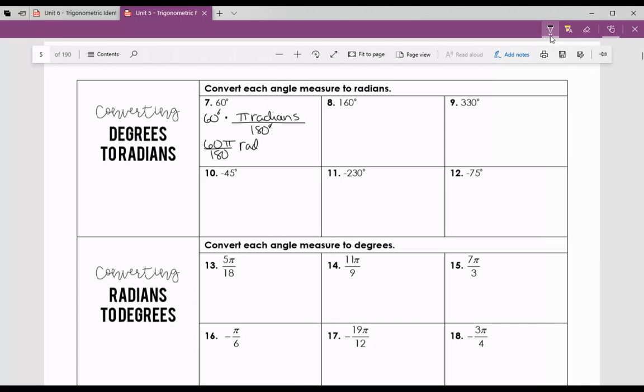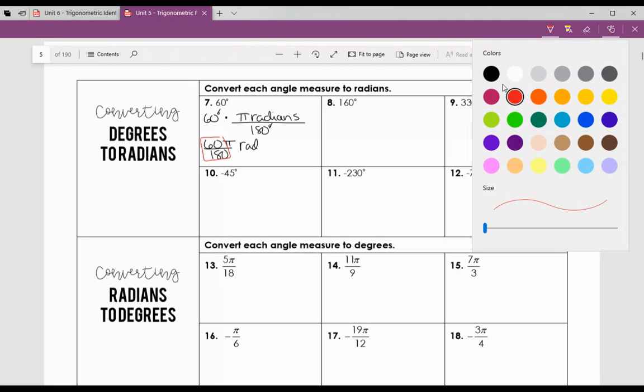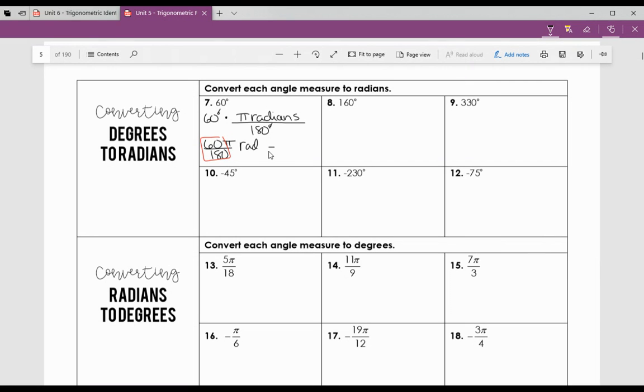And then all you have to do from there is reduce the 60 and the 180. Don't touch the pi. Just reduce the fraction out in front. When you take 60 divided by 180, you should get 1/3. Do y'all agree? So that would be 1 pi over 3 radians.